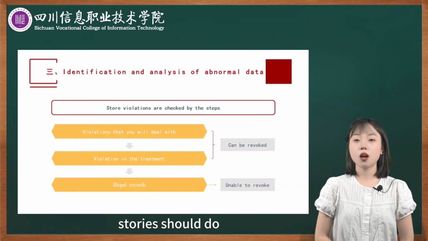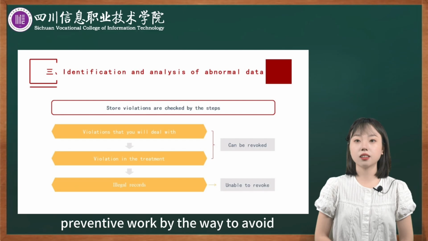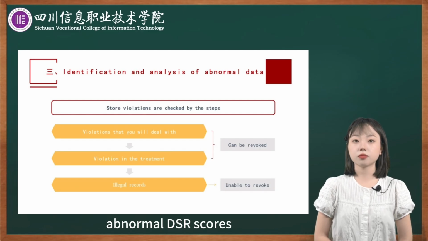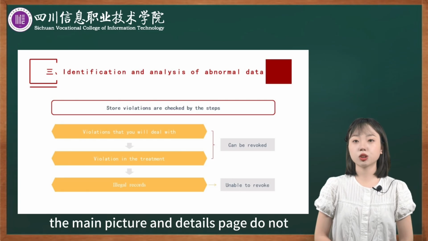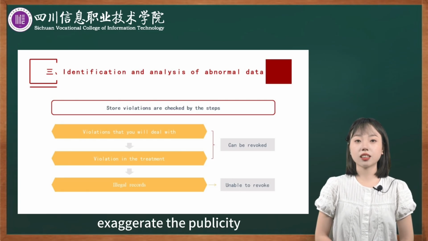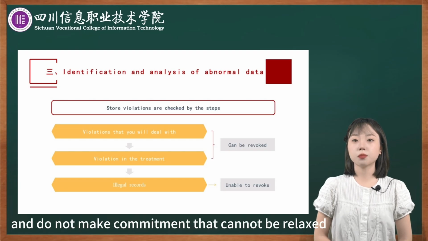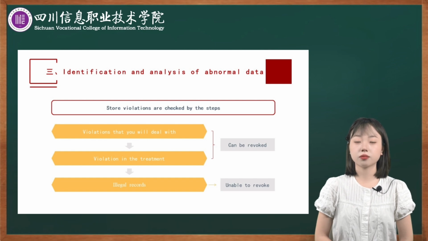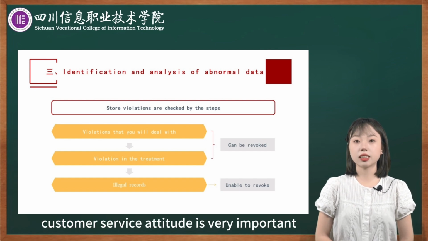Stores should do preventive work to avoid abnormal DSR scores. The main picture and the details page should not exaggerate the publicity and should not make commitments that cannot be realized. Customer service attitude is very important.